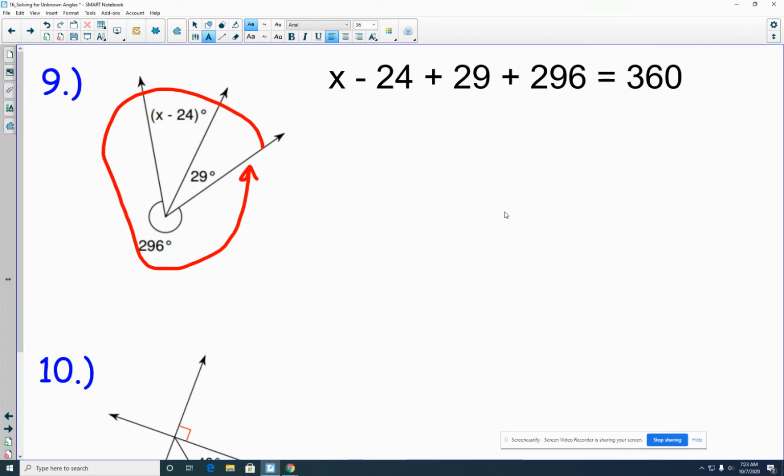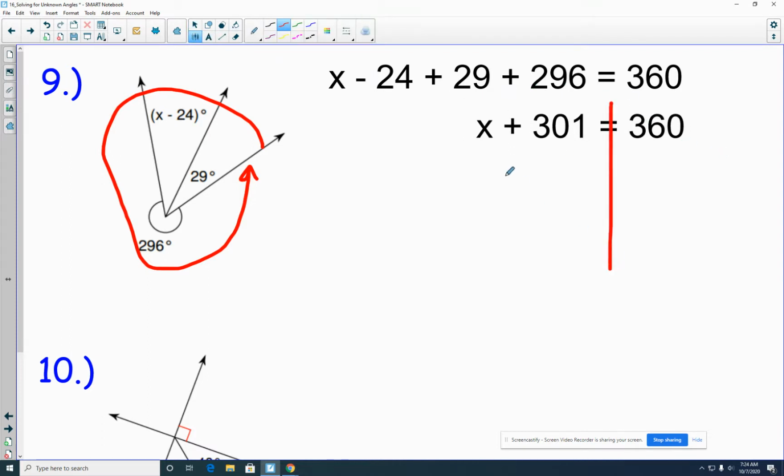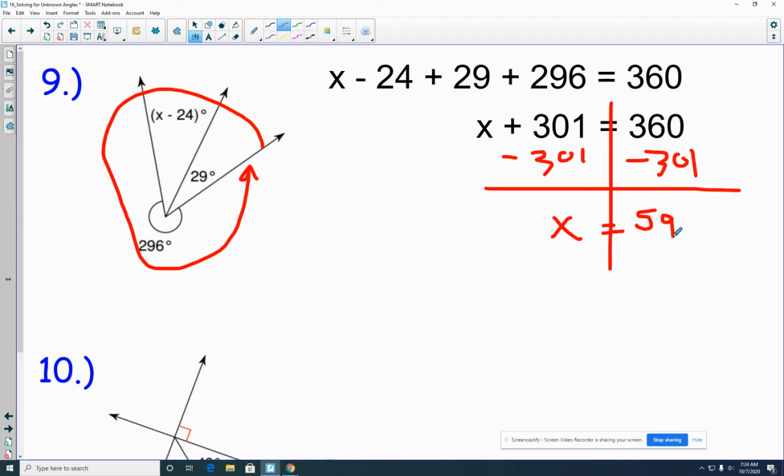When we combine like terms, negative 24 plus 29 plus 296 is 301. We have x plus 301 equals 360. Remember, when solving equations, we draw our line right down the middle. So now we're going to subtract 301 from both sides, and we get that x is equal to 59.